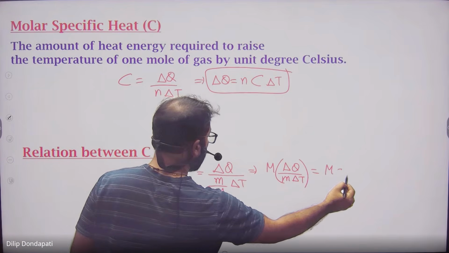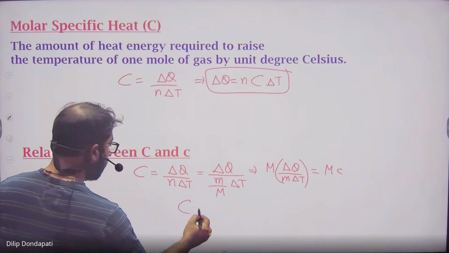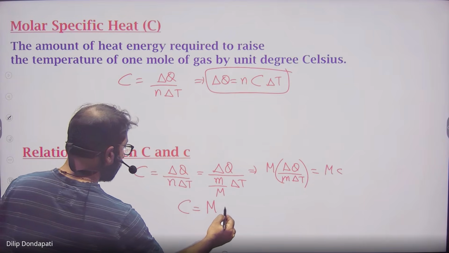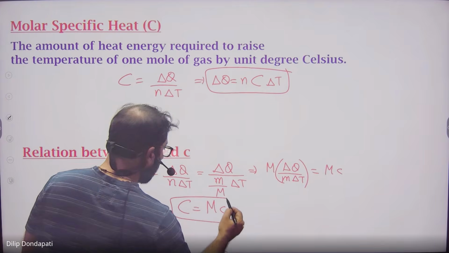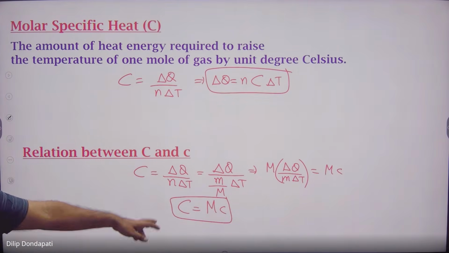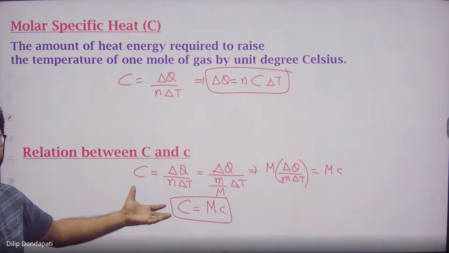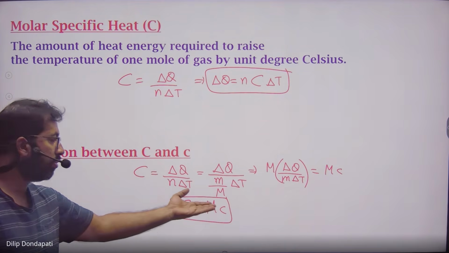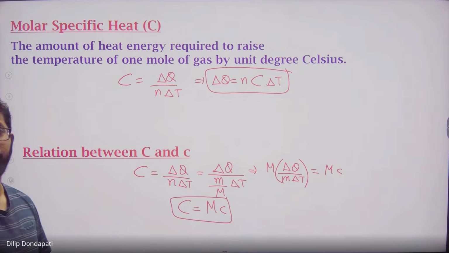Therefore, capital C is equal to capital M times small c. This is the relation between molar specific capacity, capital C, which is required for us now, and small c, which we learned in thermal properties of matter.